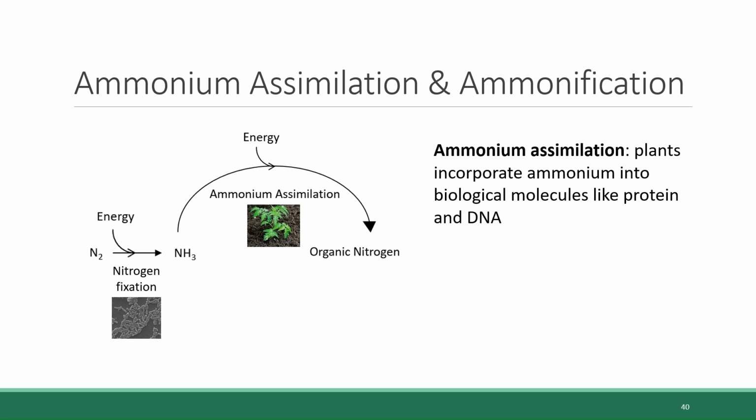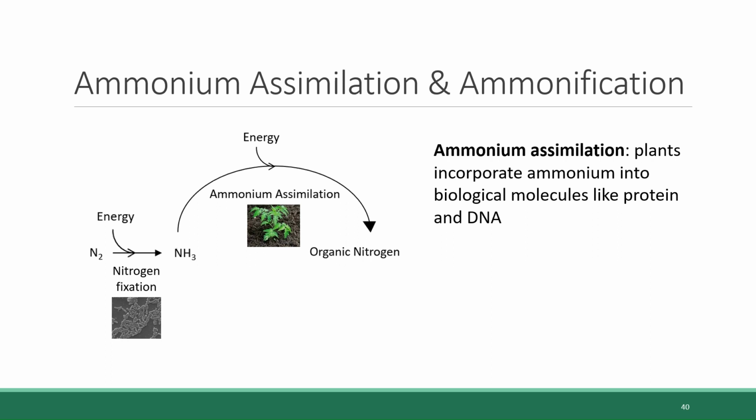And so, there's also a step that completes the cycle where decomposers in the soil take organic material, that DNA, those proteins, after an organism dies, and break it all the way back down into ammonia. And this step is called ammonification. So now we have this neat loop of ammonium assimilation to ammonification. So it's a nice, neat, clean loop.